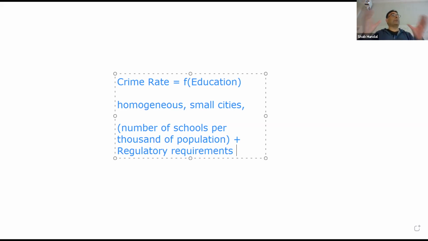Such requirements exist in one country, and in a different way in another. So this model, which made me say that more schools means more crime, is missing one important variable: the role of regulatory requirements. So next time I do this research, I should also include some regulatory variables.